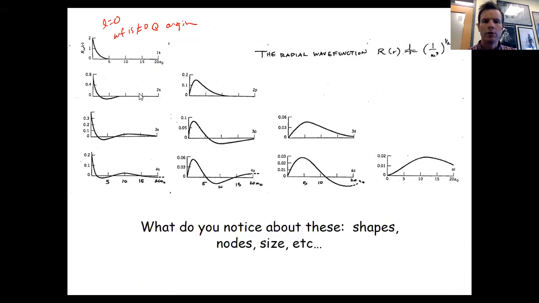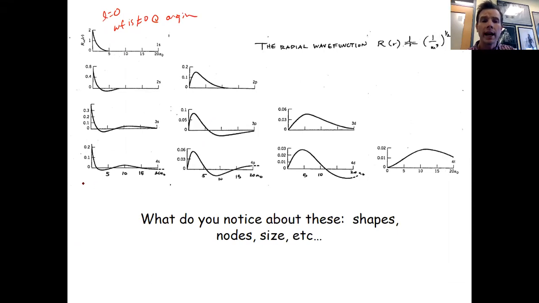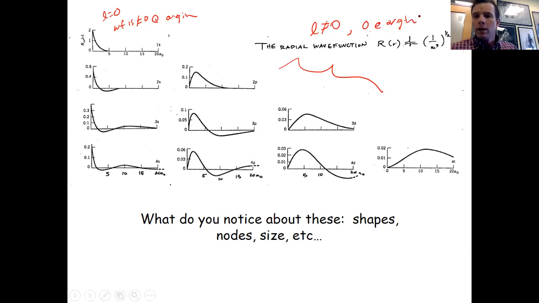You can see that all of these s orbital wave functions are not 0 at the origin. On the other hand, all of these, which have L not equal to 0, are in fact 0 at the origin. So our basic picture was right. Good.